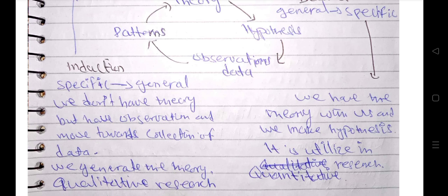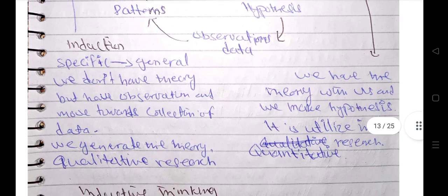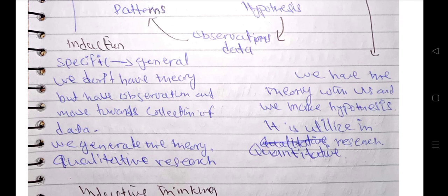Initially we don't have the theory, but we generate theory, right? We have observation with us, and through this observation we move towards data collection and data analysis, and after this we generate theory, using inductive reasoning, and it is used in qualitative research.